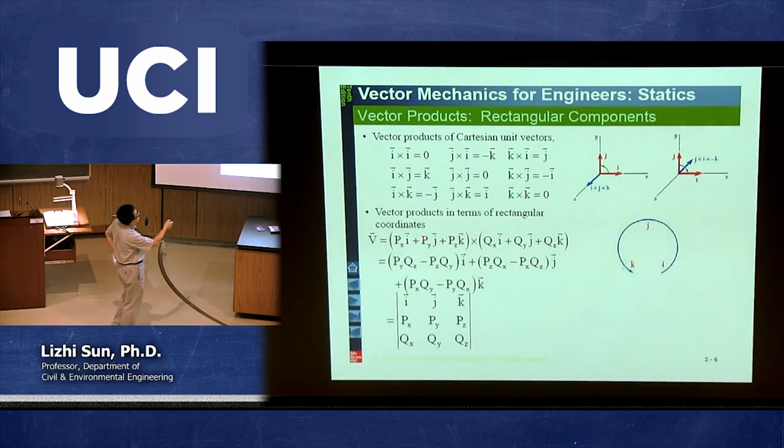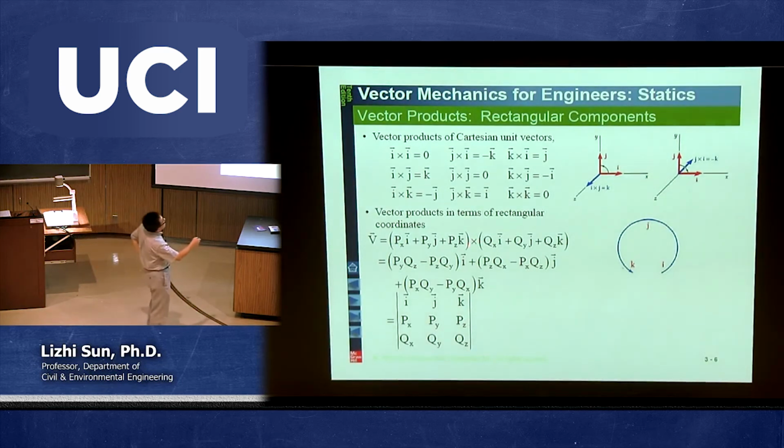This one cross this, i cross i equals 0, so you forget about this term. Then this one cross this one, i cross j equals k, so it's px times qy, multiplied by k. That's one term, and so on. Originally you're supposed to have 9 terms, but 3 of them are 0, so you only have 6 terms left.